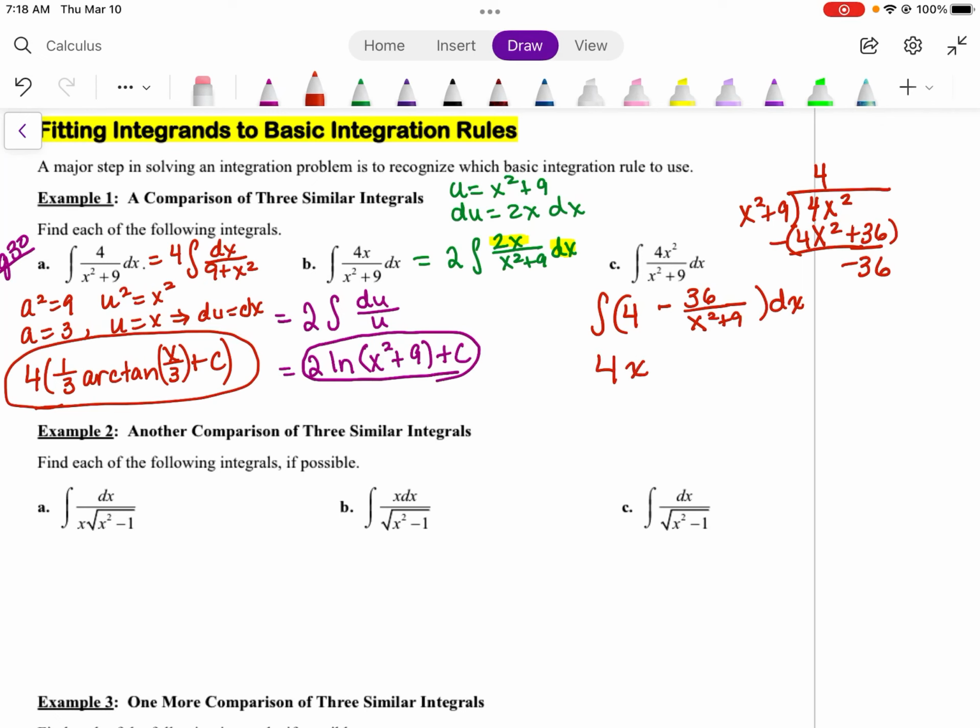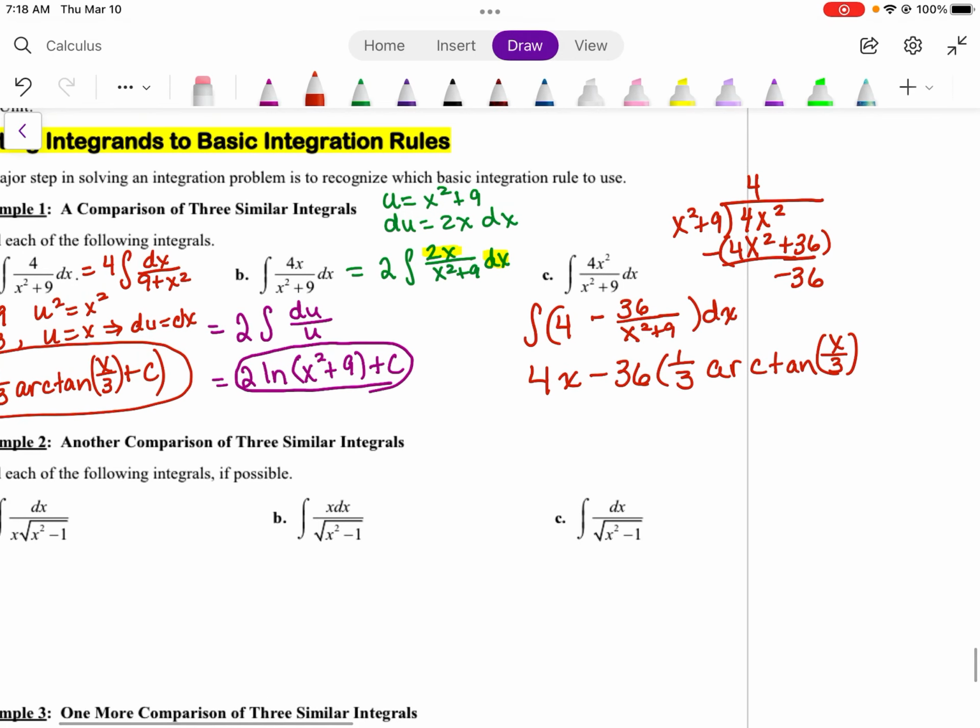We'll have 4x minus 36 times 1 over 3 arctangent of x over 3 plus c. And we can just clean that up. And there we have it.